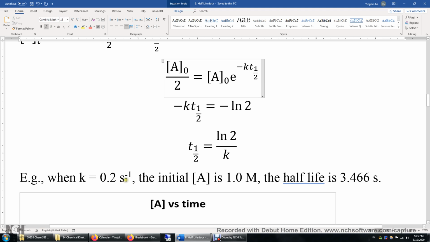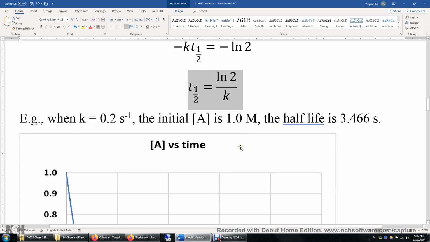If k is 0.2 per second, the initial concentration of A is 1.0 molar, then the half-life is ln2 over k, so it's ln2 over 0.2. It's going to be 3.466 seconds. And pay attention here, this equation does not involve the initial concentration of A at all. So it only depends on the rate constant k.